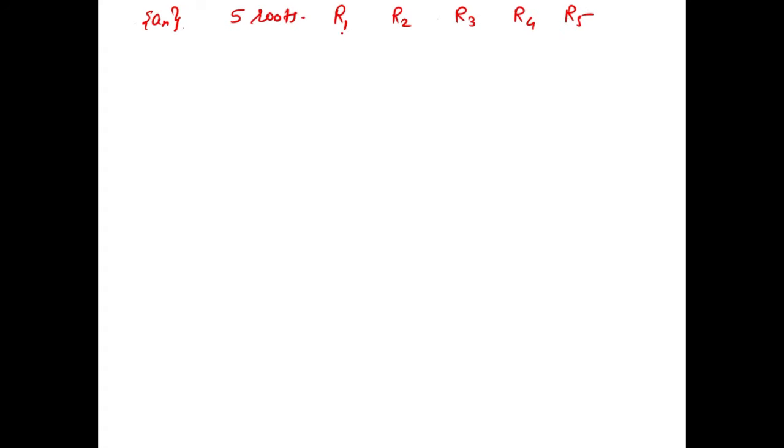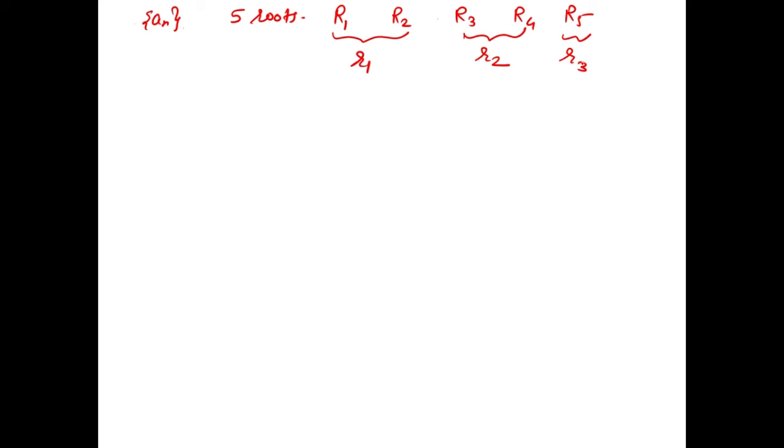Let's assume that out of these five roots, two roots are identical. So let's name them as R1. R3 and R4 are identical, let's name them as R2. And this root is singular. This is R5.